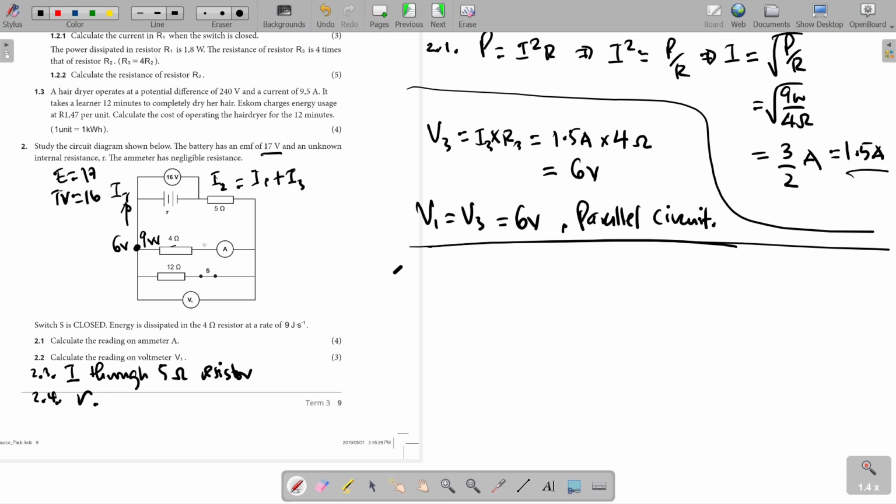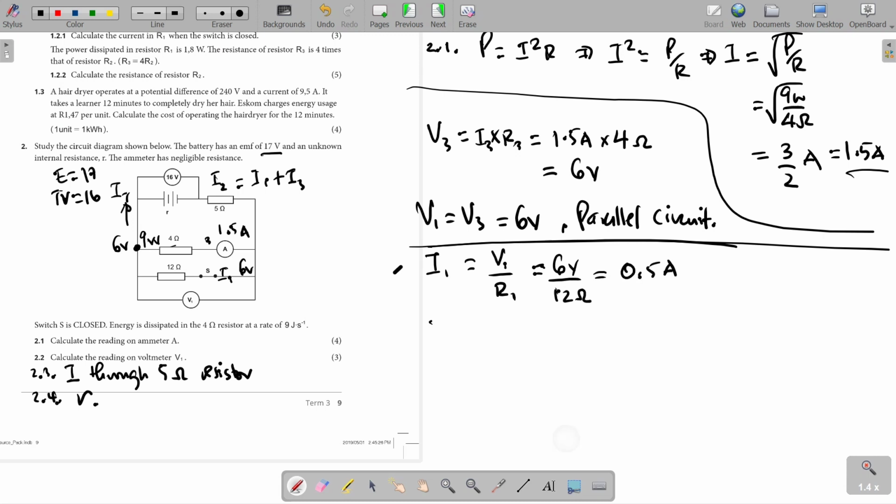We know I3 is 1.5 amperes. Now we need to know what I1 is. We have already discovered that the voltage here is 6 volts as well. So I1 will be equal to V1 over R1. The V is 6 volts and the resistance is 12 ohms. This gives us 0.5 amperes.